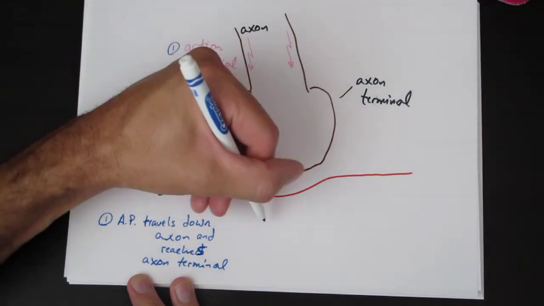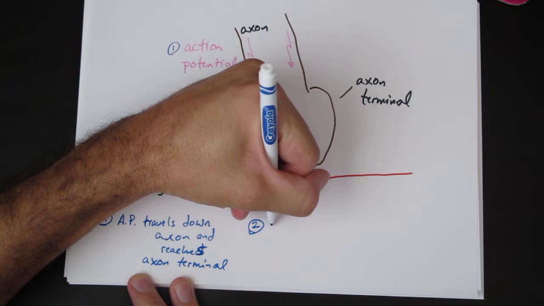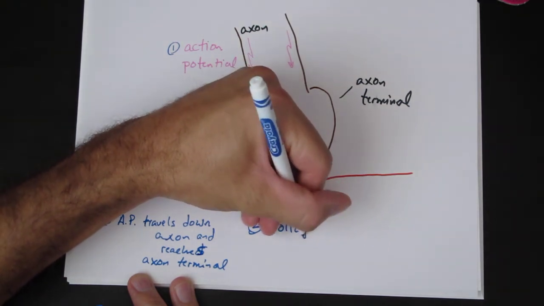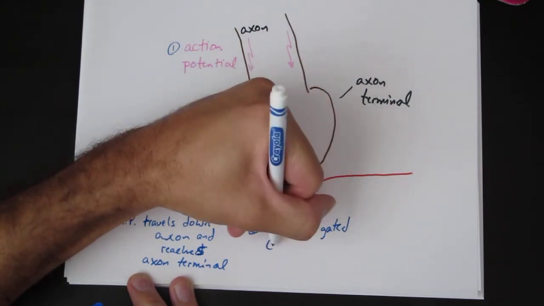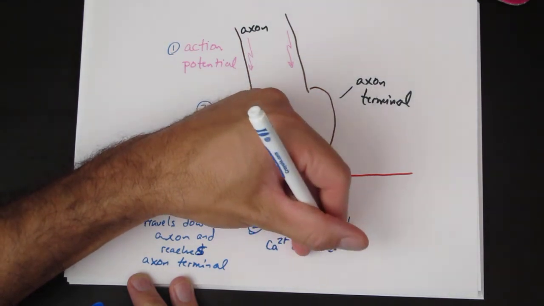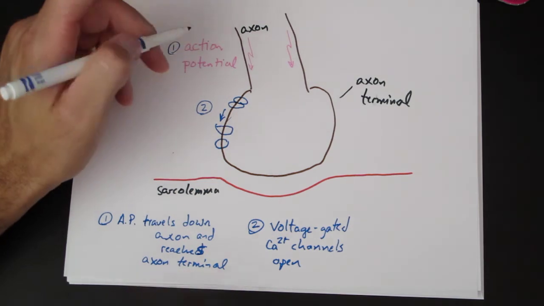Number 2 is that voltage gated calcium channels open. Voltage gated calcium channels open.